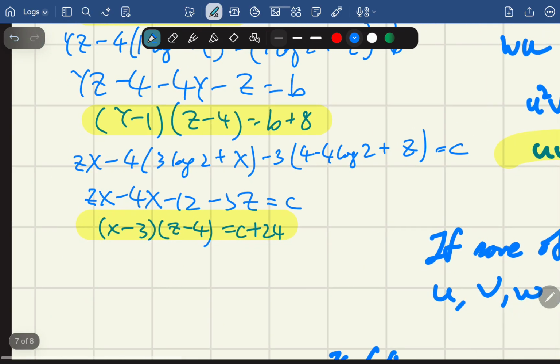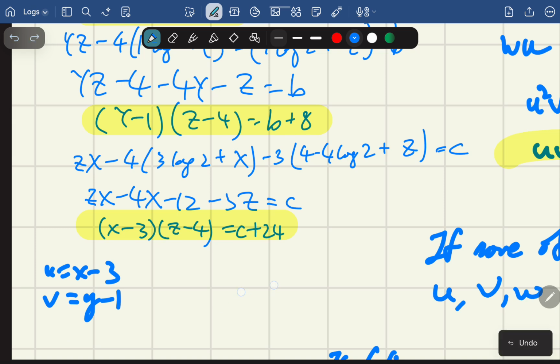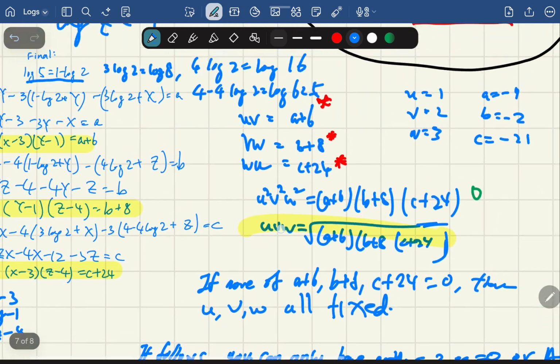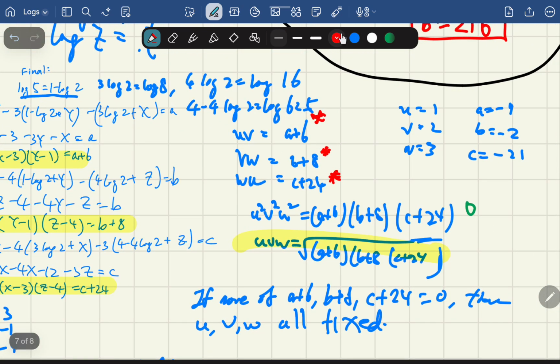And then if we let u equal x minus 3, v equal y minus 1, w equal z minus 4, because of the symmetry, this gives right here, uv equals a plus 6, vw is b plus 8, uw is c plus 24.